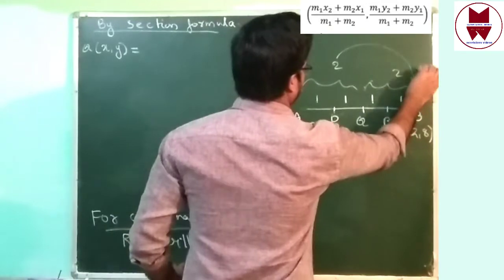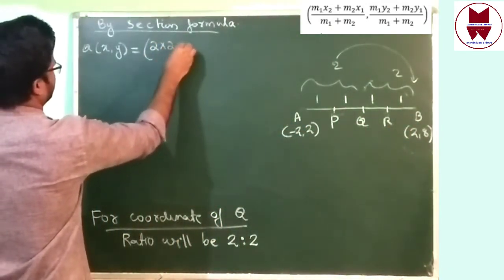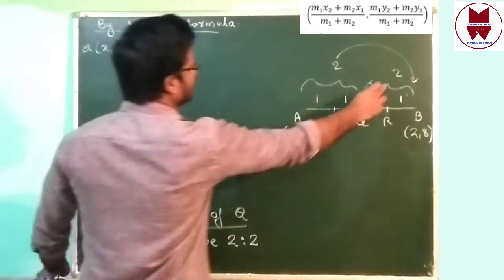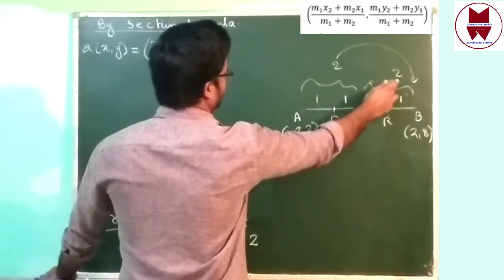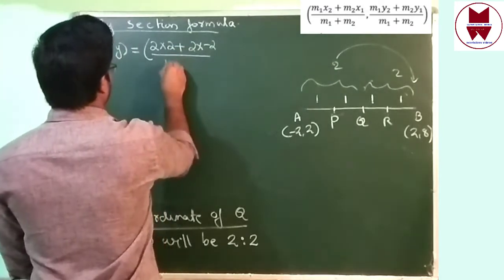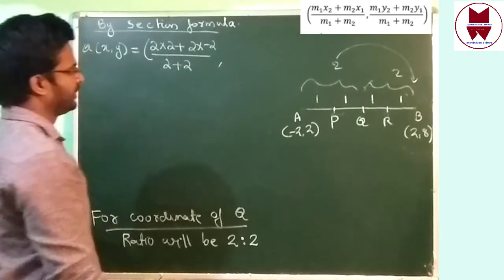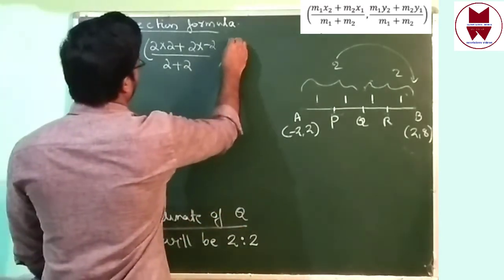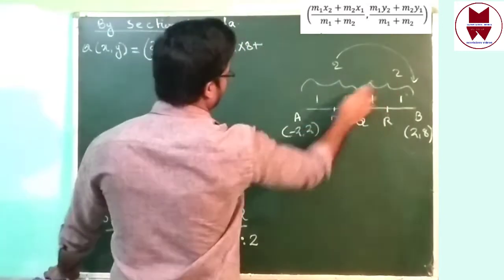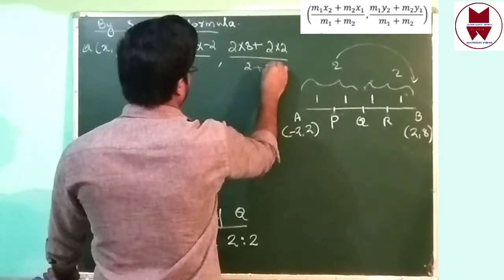Just multiply. 2 into 2 plus M2 into X1, 2 into minus 2. Divided by 2 plus 2, M1 plus M2. The next, 2 into 8 plus 2 into 2. Divided by 2 plus 2.